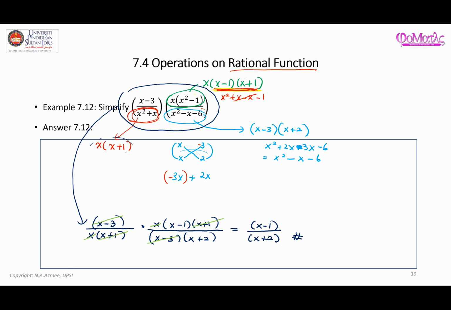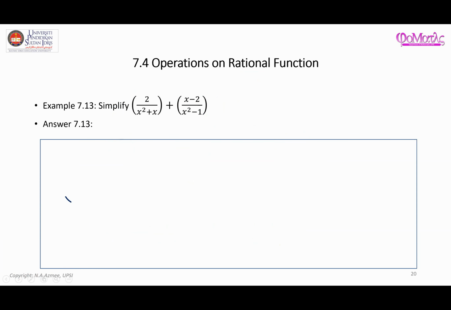Alright, let's move on to the next example. So now we are going to simplify this expression first, and then we will do some addition operation and continue simplifying the expression until we get the simplest form.